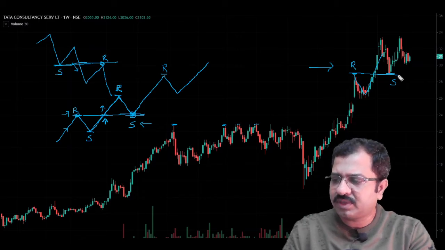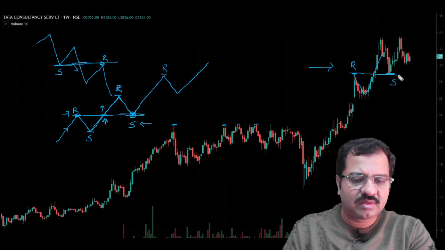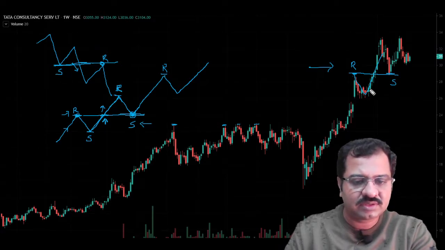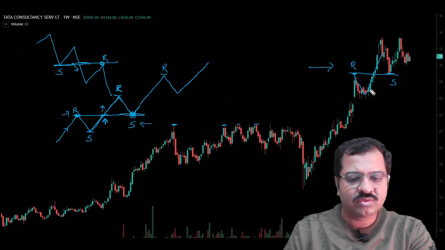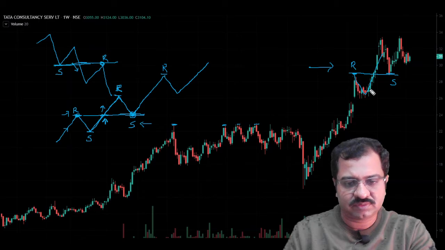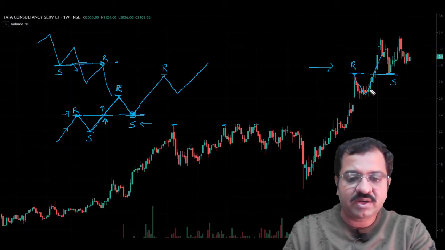So why are support and resistance important? Because whenever we take trades, we must know what the probable reversal points are, and support and resistance provide the probable reversal points on the chart.